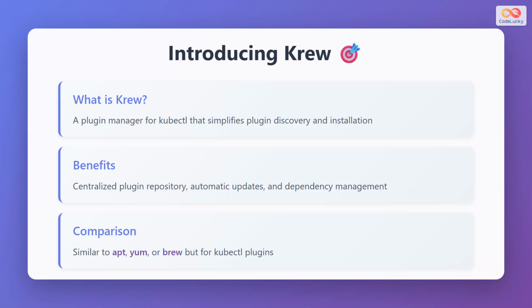It handles plugin installation and removal automatically, manages updates for all your plugins, and even handles dependencies between plugins. You can think of Krew as being similar to package managers like apt, yum, or Homebrew, but specifically designed for Kubectl plugins. With Krew, you can install plugins with a single command instead of manually downloading and configuring files.